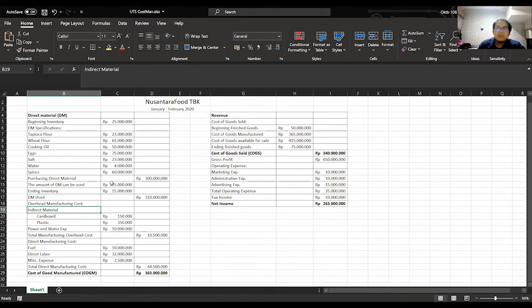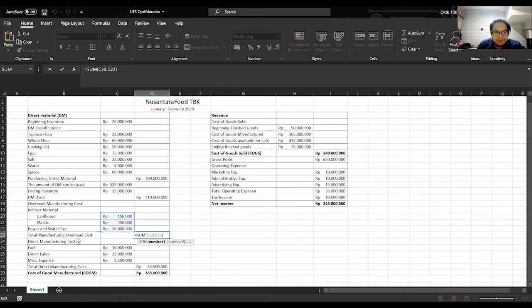So we have cardboard and plastic for the packaging, and also a bigger cardboard for the packaging. We also need power and water expense. This is not directly related to the production either, but we need it for the production to continue. After we sum these up, we get this number.